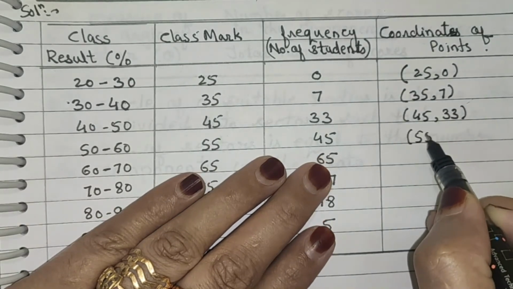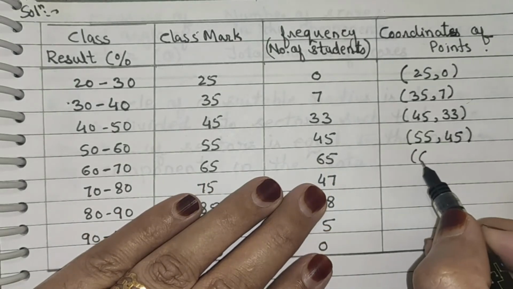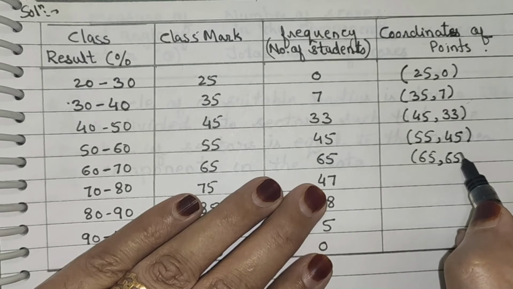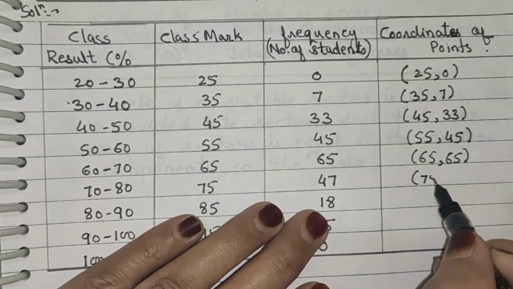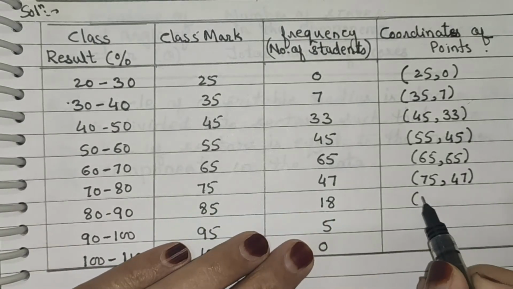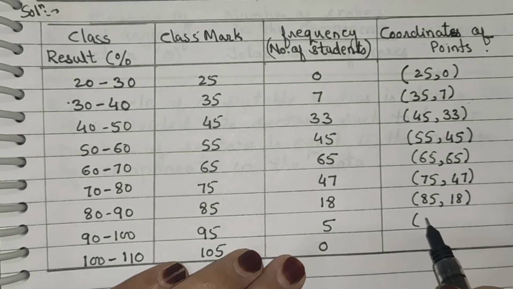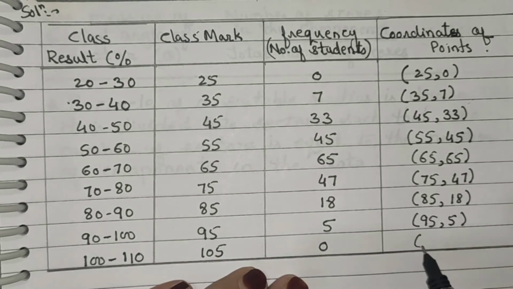Next one is 55, 45. Next one is 65, 65. Next 75, 47. Next 85, 18. Next is 95, 5. And the last one is 105, 0.